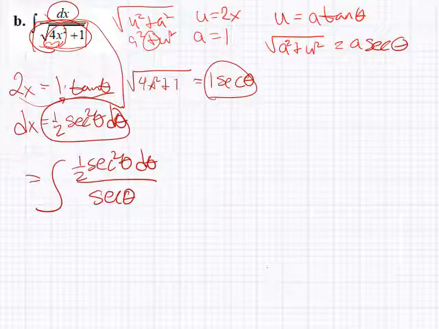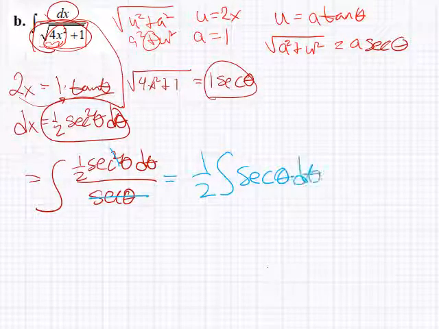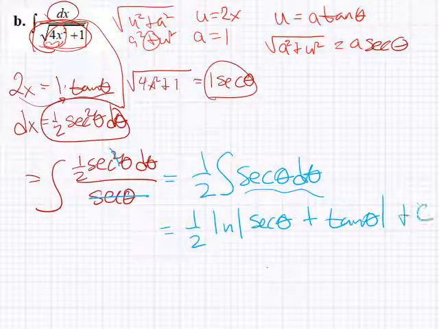So we can simplify, cancel this with one of these secants. The 1/2 comes out. We have the integral of secant theta d theta, and that's it. Well, that's an easy integral again. You should know this basic integral. So we get 1/2 natural log secant theta plus tan theta plus c.